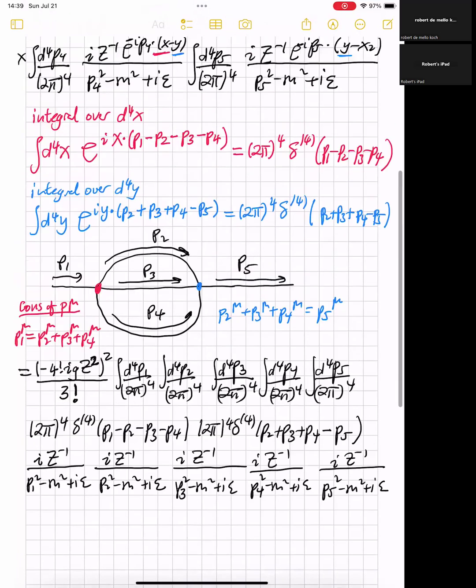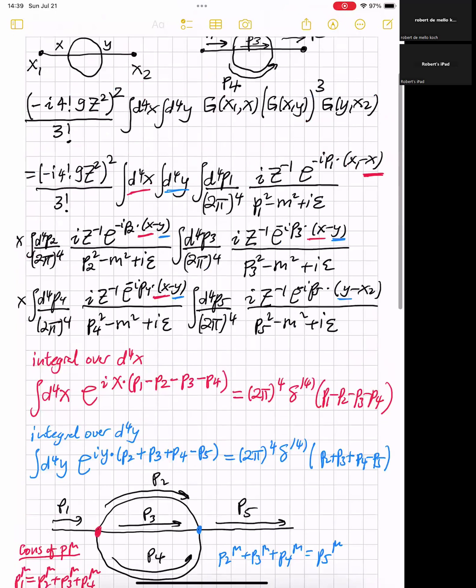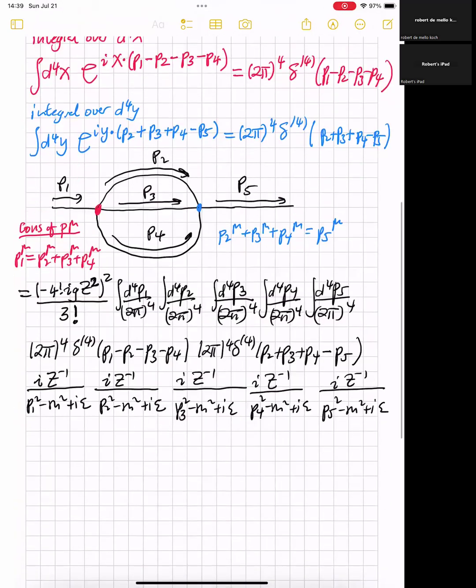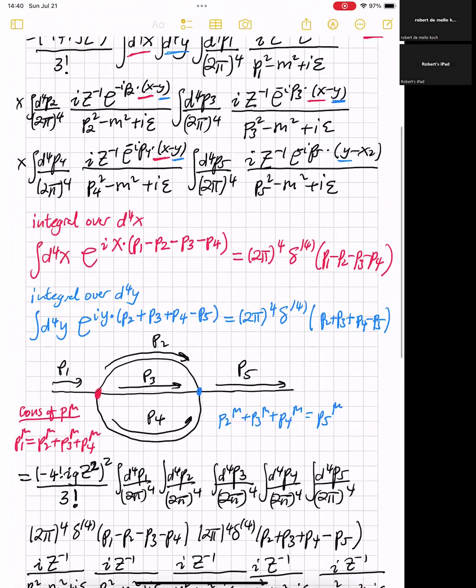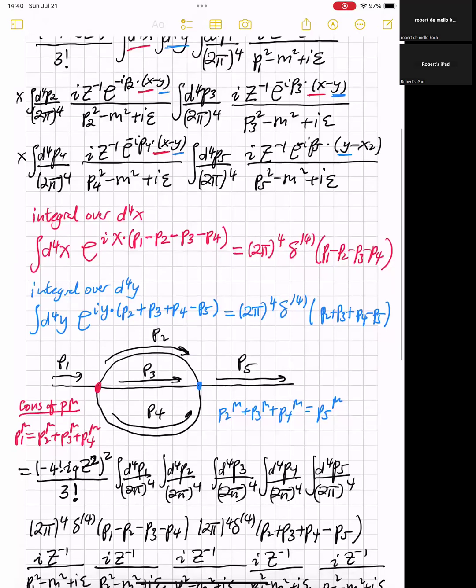And then all that we've got left are two x dependencies. So we've got e to the minus I P1 dot x1 from the very first exponential. And then from the very last exponential, we've got an e to the I P5 dot x2.